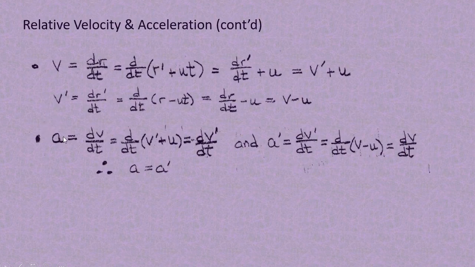So here, the acceleration from the stationary reference point of view is equal to the acceleration from the moving point of view, and the same thing holds true when we look at it this way. So we can conclude that the acceleration of the particle is the same whether you're viewing it from the stationary reference frame or the moving reference frame.